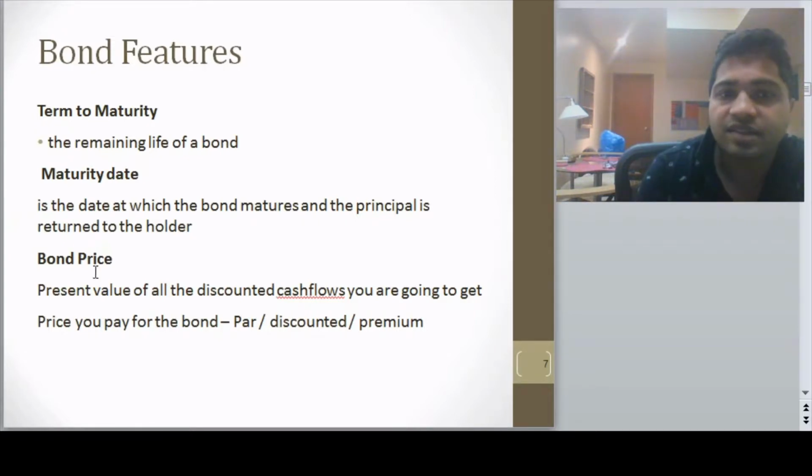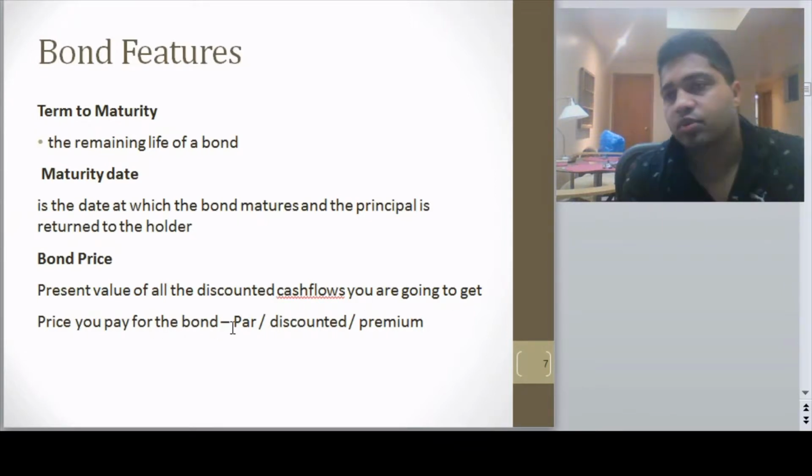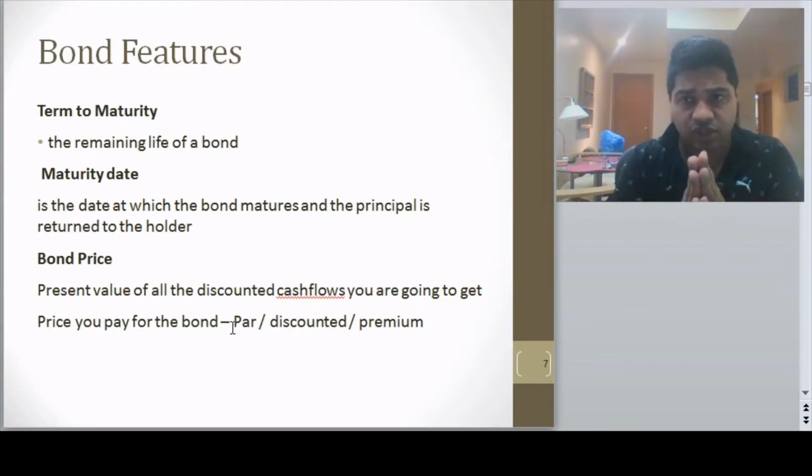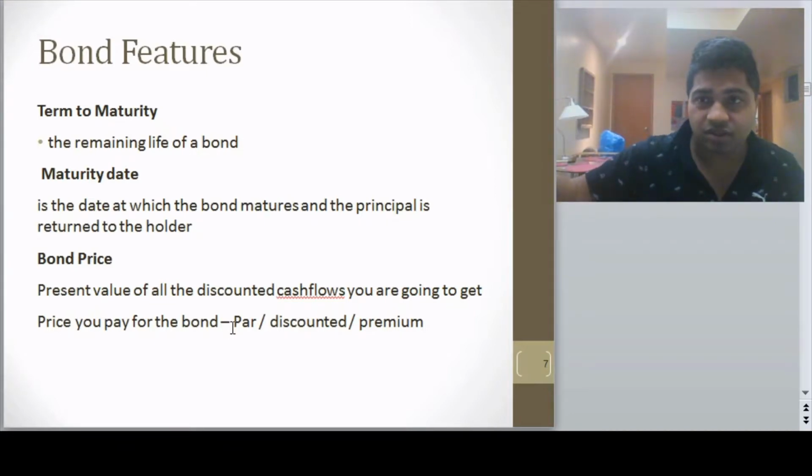Bond price is the present value of all discounted cash flows you're going to get, the price you pay for the bond. So what are you going to get from a bond? Two things: the future coupons, and when it matures, the principal, that is the par value.